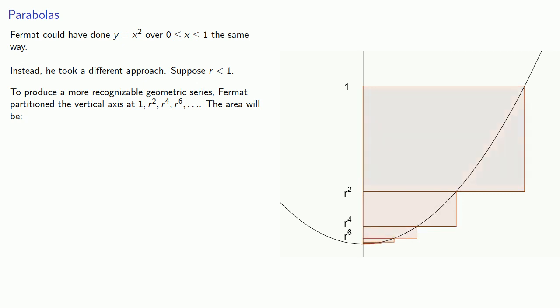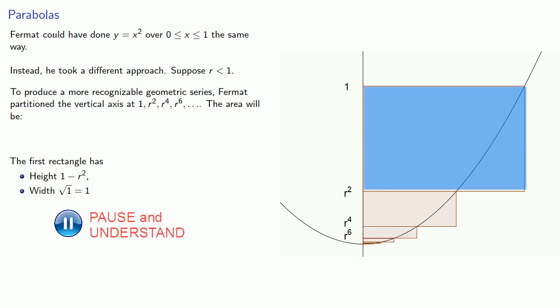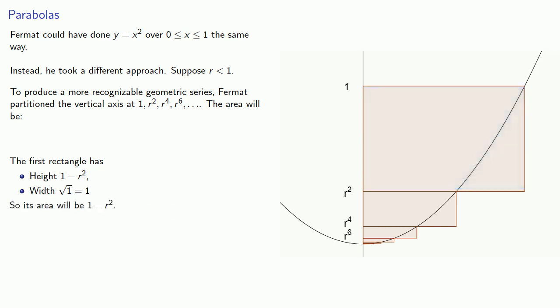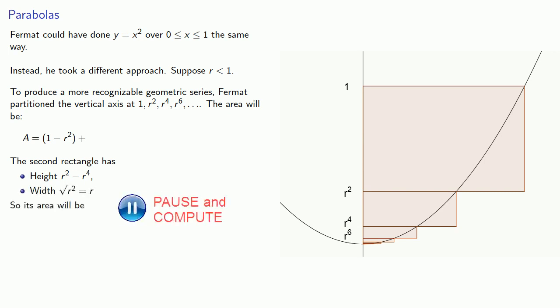The first rectangle has height 1 minus r squared, width square root of 1, so its area will be 1 minus r squared. The second rectangle has height r squared minus r to the fourth, and the width will be the square root of r squared, or just r, so its area will be, which we can factor.